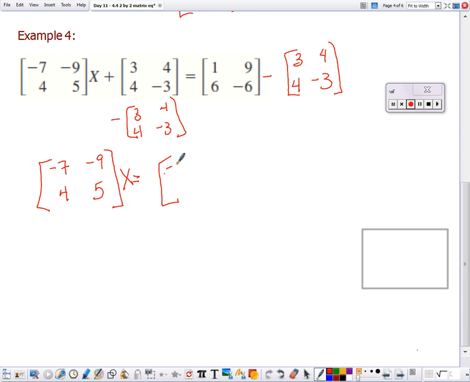Minus 3, 9 minus 4. Now we need the inverse.